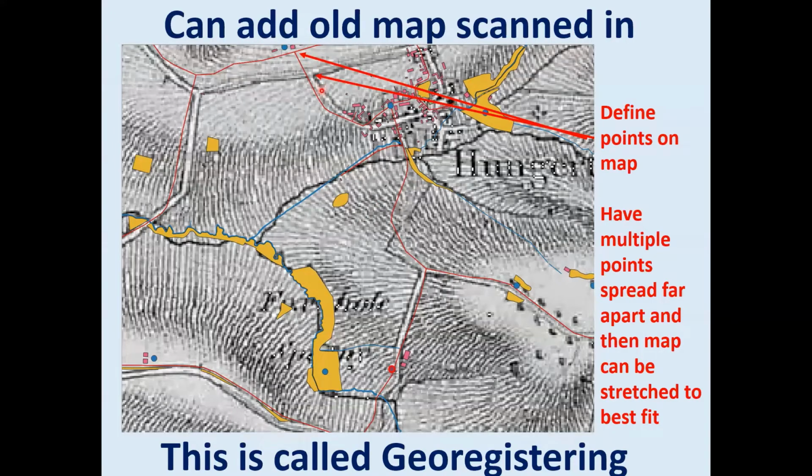And one of the things when you're doing the georegistering is actually ideally you take a number of points across your map over as wide an area as possible, and then QGIS will stretch the map or compress the map in different dimensions to get the best fit. The more points you put in, the more effort you put in, the more closely you'll find things will align. But of course, the other thing is that the older maps, particularly if you're talking pre-1930s, are not necessarily going to be as accurate as a modern map.